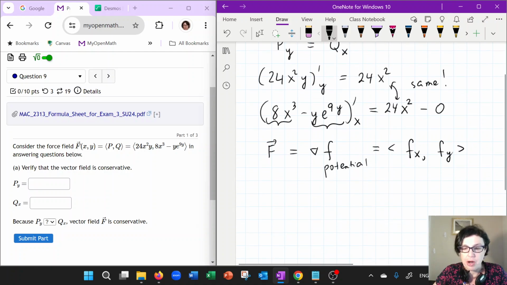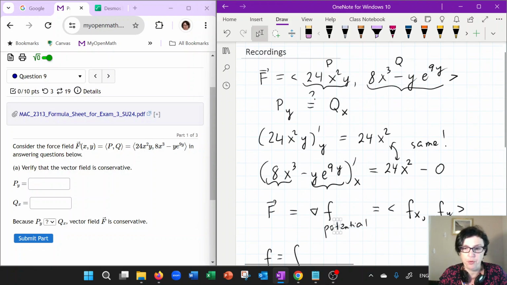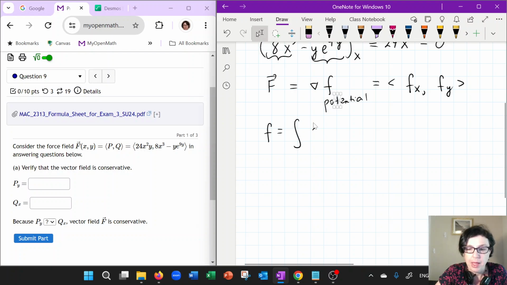In order to figure out this one function, I'm going to undo the derivative with respect to x. I will take the first component, which was 24x squared y, and I'm going to undo the derivative with respect to x by integrating with respect to x, which should give me that potential function. All right.